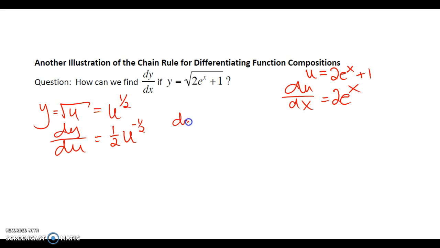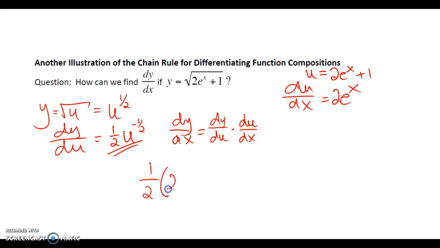So dy dx is equal to dy du times du dx. Remember, I have to substitute back in for u here. So dy du equals 1/2 (2e to the x plus 1) to the negative 1/2 times 2e to the x.